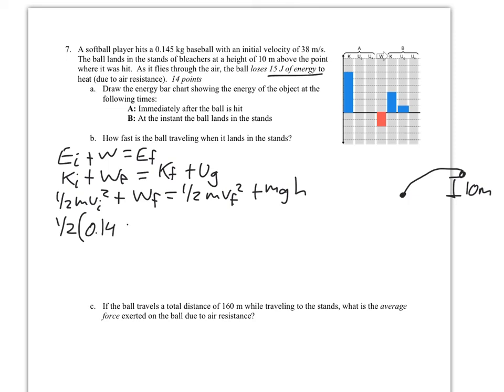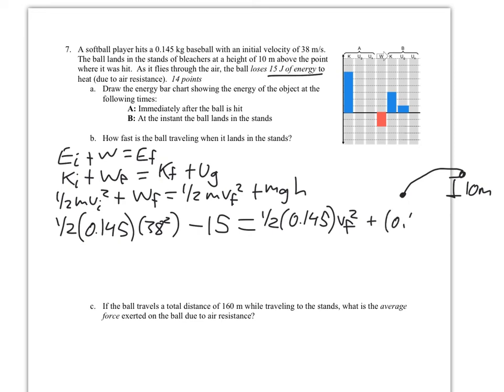Our mass is this 0.145. Our velocity, the initial velocity at least, is 38. Minus those 15 joules, that's the work being done, and that's going to equal 1/2 0.145 v final squared, which is what we're solving for, plus the final gravitational potential energy that this object has.